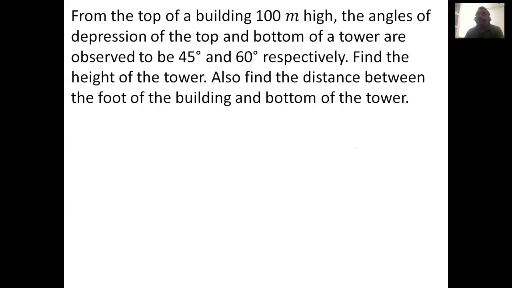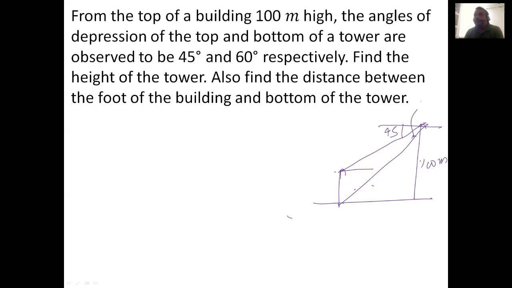From the top of a building 100-meter high, there is a big building, 100-meter high. There is another tower here, a pole like this. So the angles of depression, you see the figure is same, are 45 and 60. This is 45 and this angle is 60.